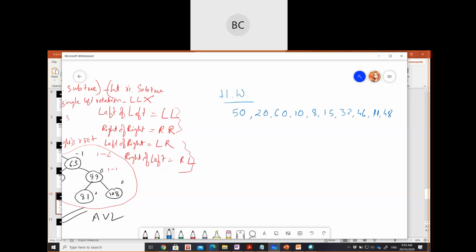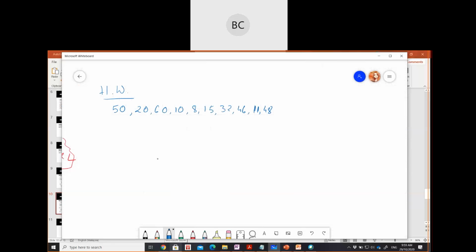This one might be a bit complicated to you guys, but still try, because sometimes when we do rotation, your children might get changed. Okay? Okay, I can show you one example of that. This is your homework.